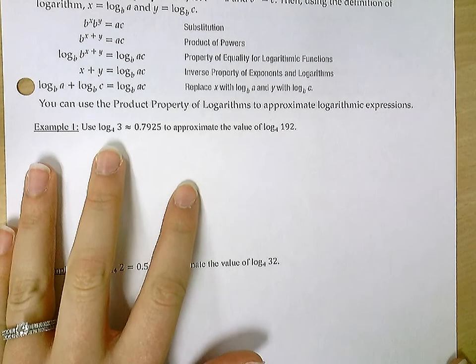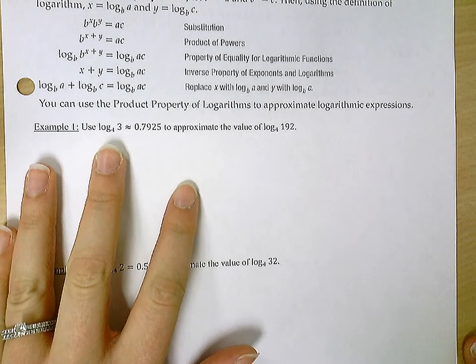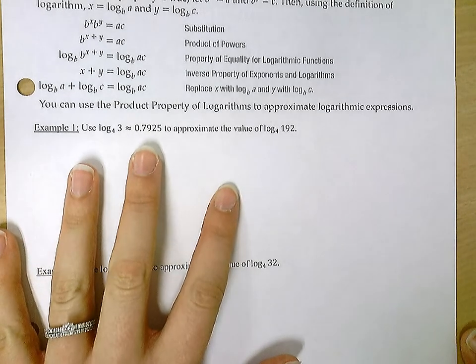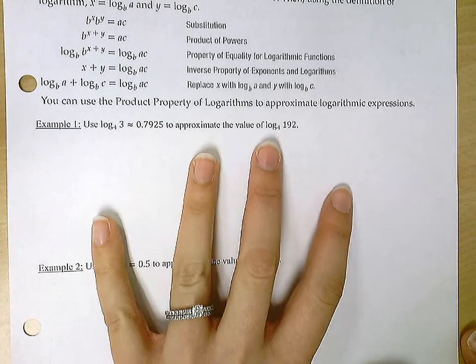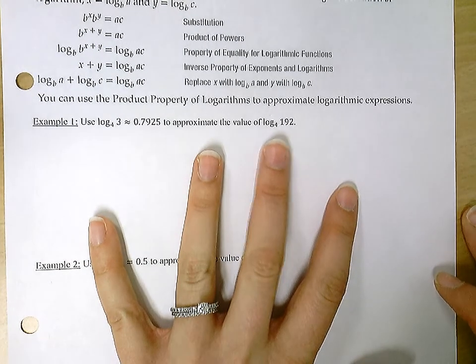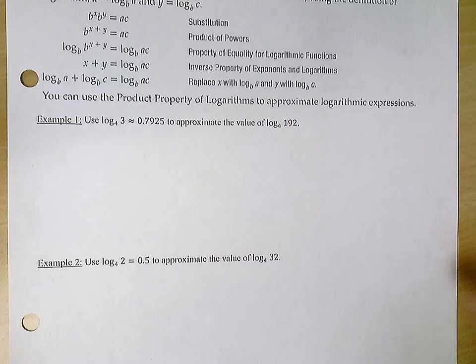Alright, so we're going to use log base 4 of 3 is approximately 0.7925, and we're going to figure out log base 4 of 192. To do that, I'm going to change this into multiplication of two numbers.